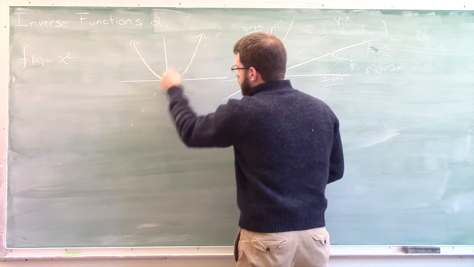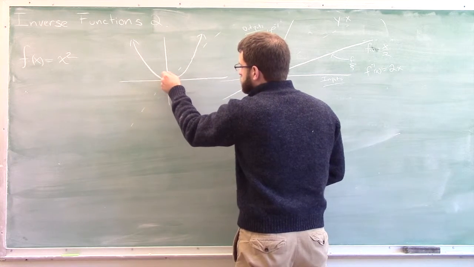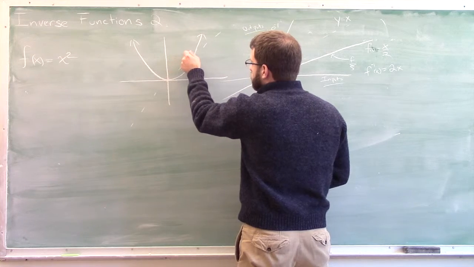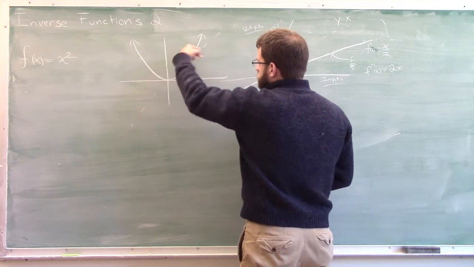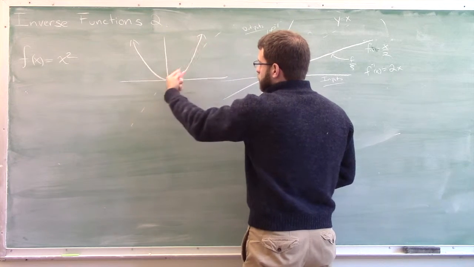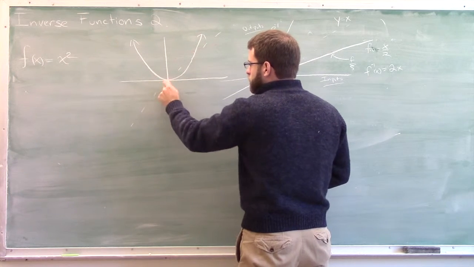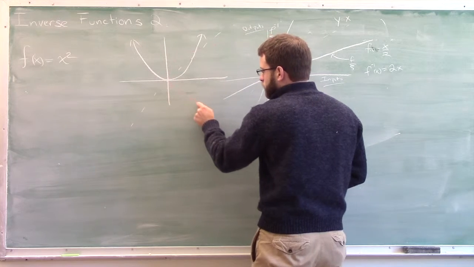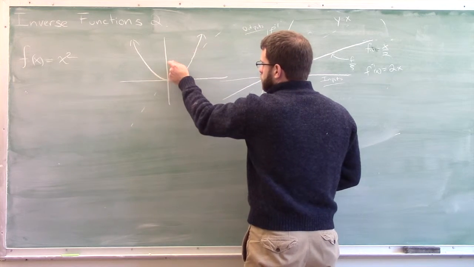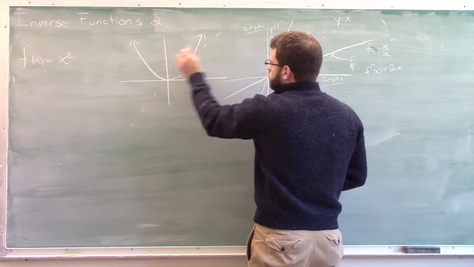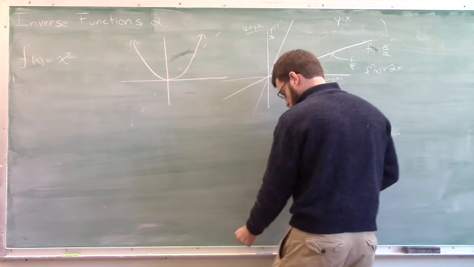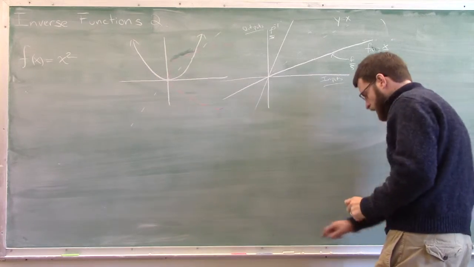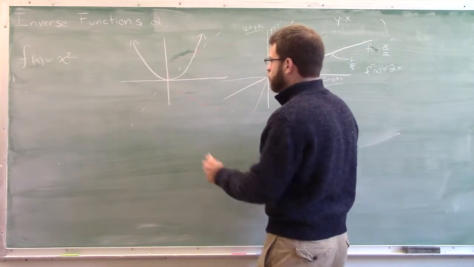I should reflect everything across this line. I'm drawing in pink here. This is the right side of the parabola, and the other side of the parabola is going to be down here. Not the best picture in the world, but we'll work with it. Now, here's the problem.